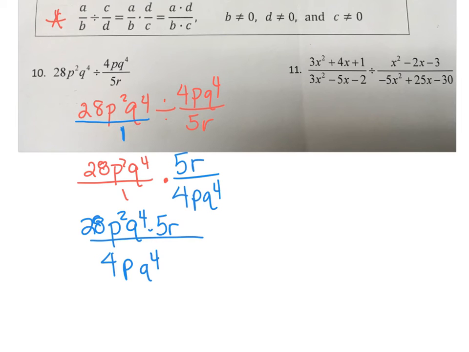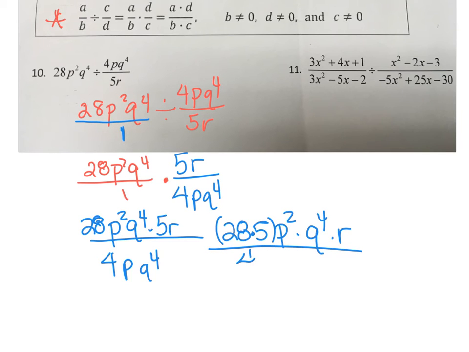Keep going, let's simplify. Numbers on the top together, commutative property, that's 28 times 5 together. P squared by itself, q to the 4th by itself, and r by itself. On the bottom we have 4, we have p to the 1st power and q to the 4th power. So if you see what I see, the q to the 4th and the q to the 4th are going to cancel out.